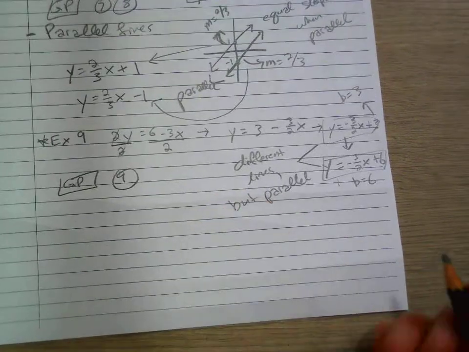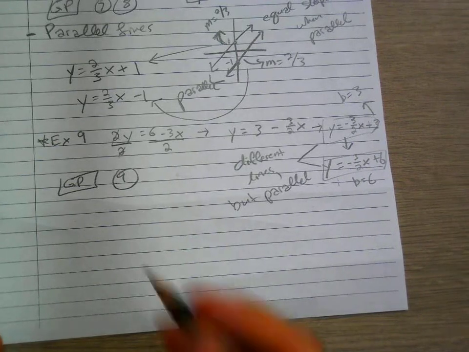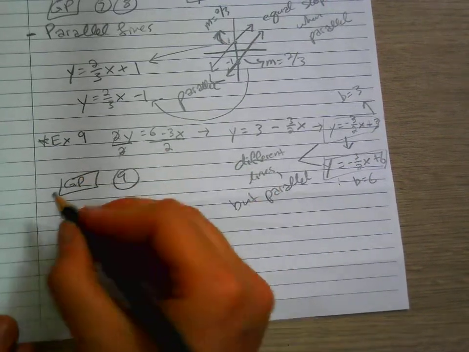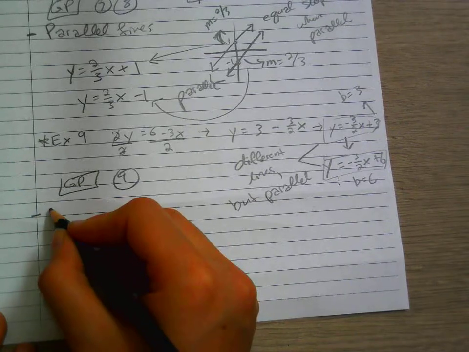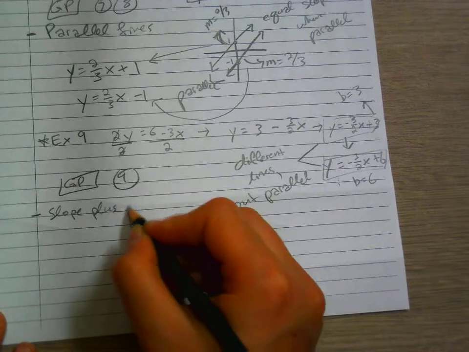Next thing we're going to learn how to do is when you are given a slope and a point, you can figure out also the equation. So, slope plus point.